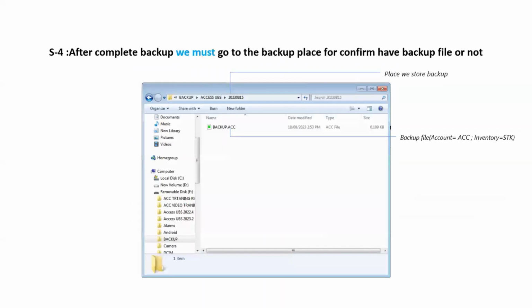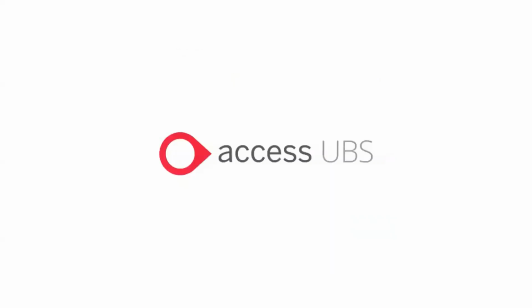Then you click OK. After completing the backup, we must go to the backup place to confirm whether the backup file is there or not. The backup place will be the path we created when doing the backup in UBS. After that, you can go to your File Explorer or Windows Explorer to look for the backup file. For accounting, the file will be .scc, and for inventory, it will be .sdk.